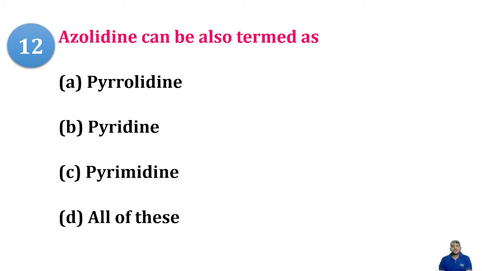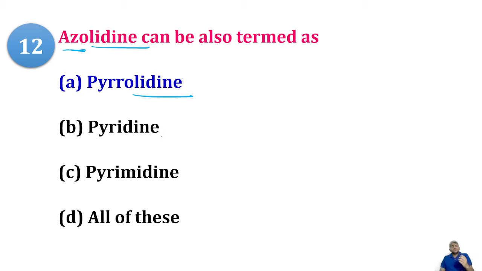Got it? So next question for you: azolidine. Azo means there is a nitrogen in the ring. So this is pyrrolidine. As I told you, pyrrole has nitrogen as the heteroatom and a 5-membered ring structure, and azo, that is the nitrogen, is the same in this compound.